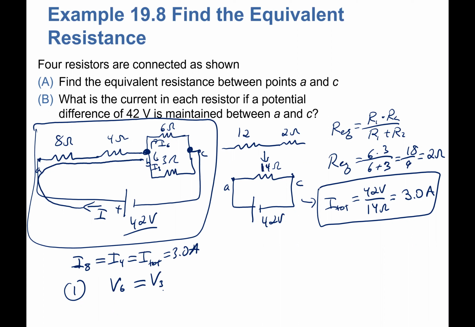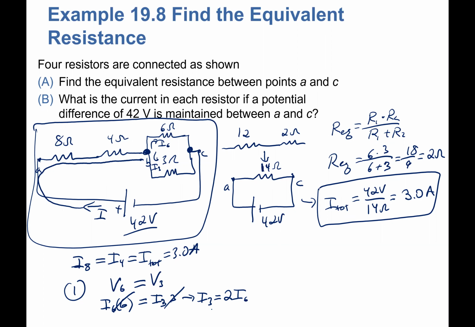Probably easier to understand this rather than do a ratio, because they both have the same potential difference since they're in parallel. Then this one is I6 times 6, because of the resistance, and this one is I3 times 3. If I cancel this, I get I3 equals 2 times I6.